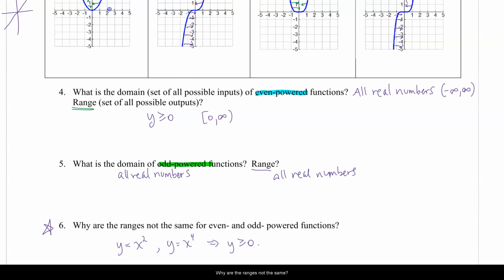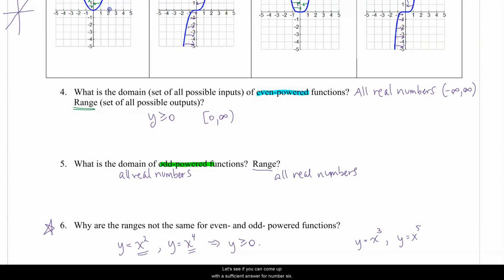Think about these functions, x squared and x to the 4th, and what do they do to positive numbers and what do they do to negative numbers? Similarly, as a contrast, think about odd powers. What do the odd powers do to positive numbers? What do the odd powers do to negative numbers? That may help you answer that question. Let's see if you can come up with a sufficient answer for number 6.